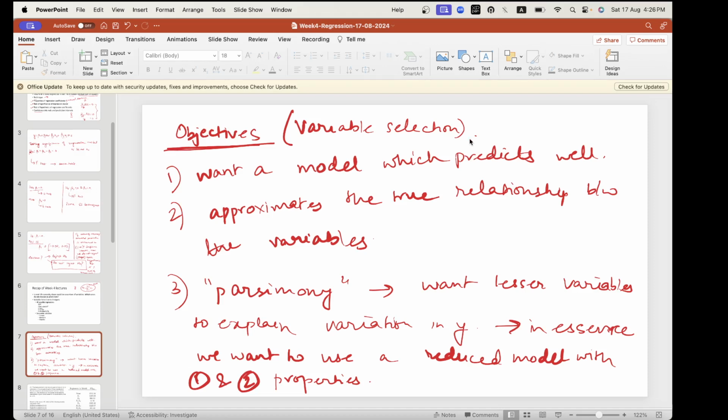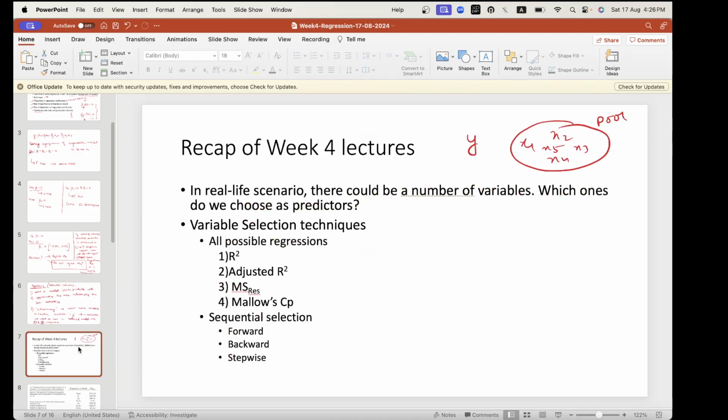All right, so keeping these in mind, what can we do to select which variables to use and which not to use? There are two broad techniques. First is, we specify all possible regressions, calculate metrics, and then we decide. And the second one is sequential selection, where we follow a certain chronology and then land at our model.